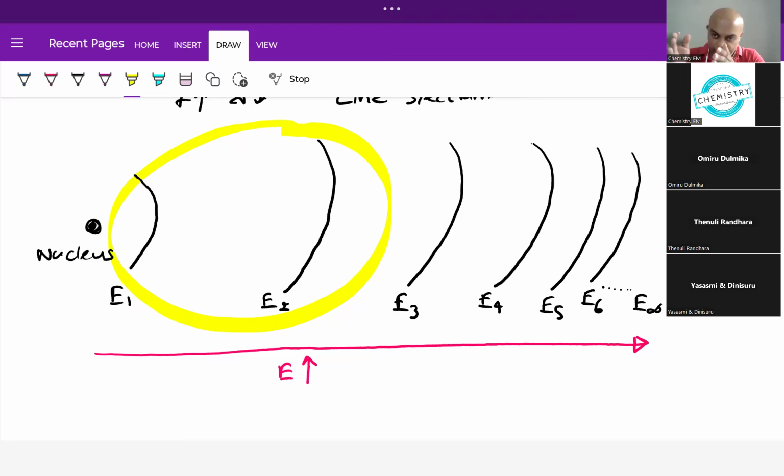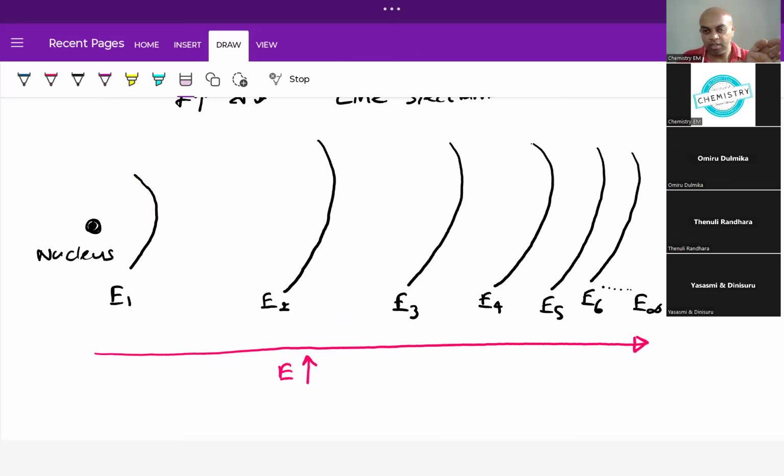There are energy levels, they have energy, and based on the energy of the electron, the energy level that the electron is in will be decided. If the electron has higher energy, it is in a higher energy level. If the electron has lower energy, it is in a lower energy level. Right? Now, lower energy levels are closer to the nucleus. Higher energy levels are at a greater distance from the nucleus.